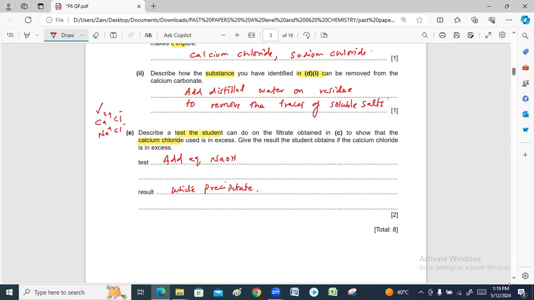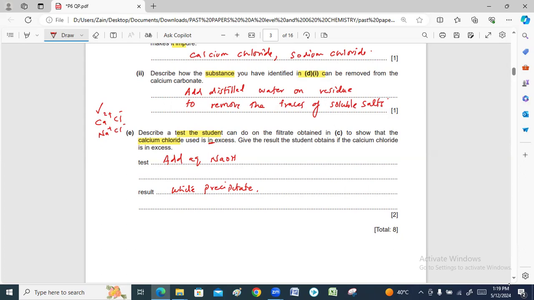Now, the white precipitate we can get through filtration. If we filter, we'll get the precipitate. So the calcium chloride used in excess gives the result the student obtains.